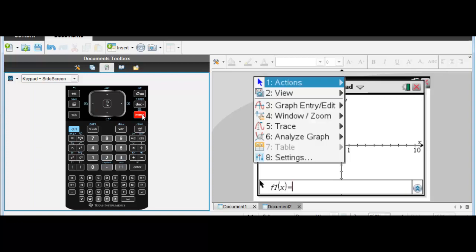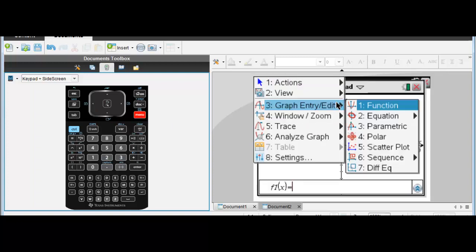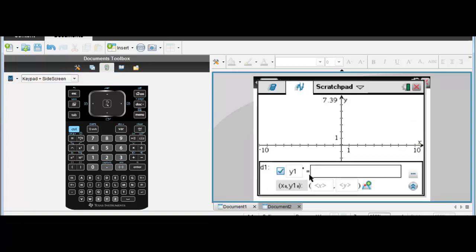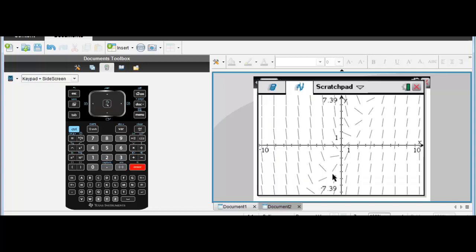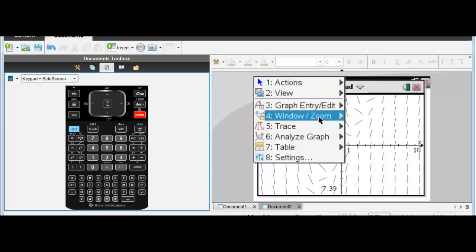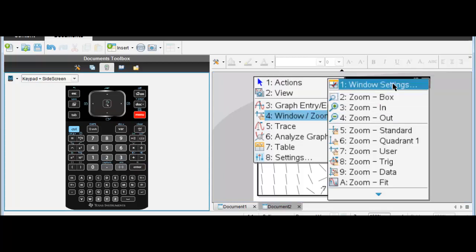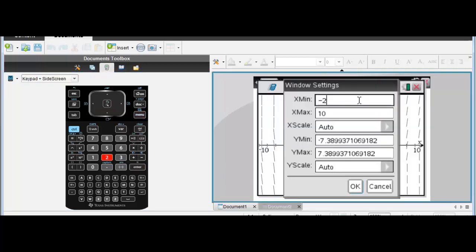So you go to your menu, you need to change the type of graph to a differential equation. And so we're going to do 2x minus y1, hit enter, and change the window to match the window that we have as well. So we'll make it go from negative 2 to 2, and again from negative 2 to 2.